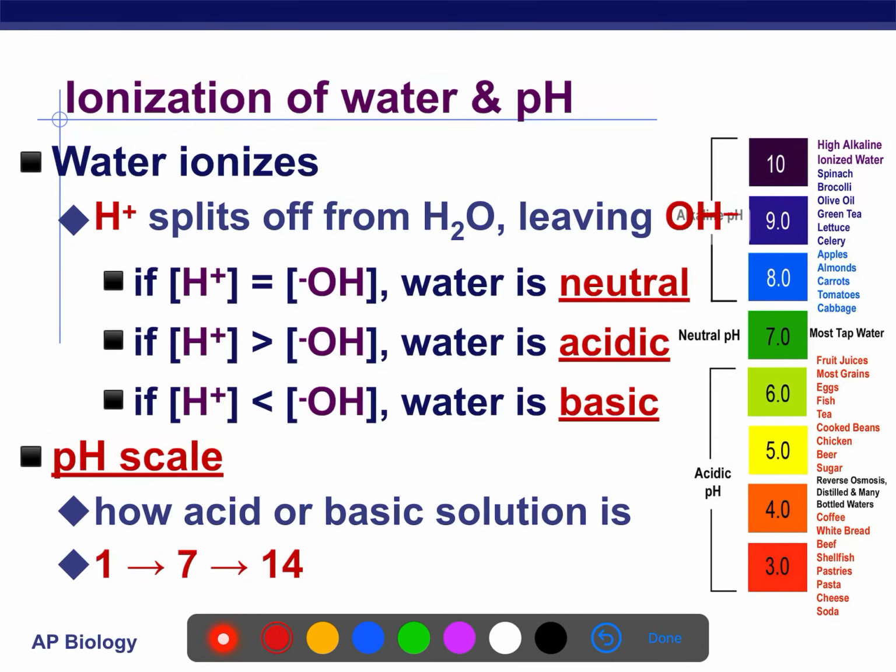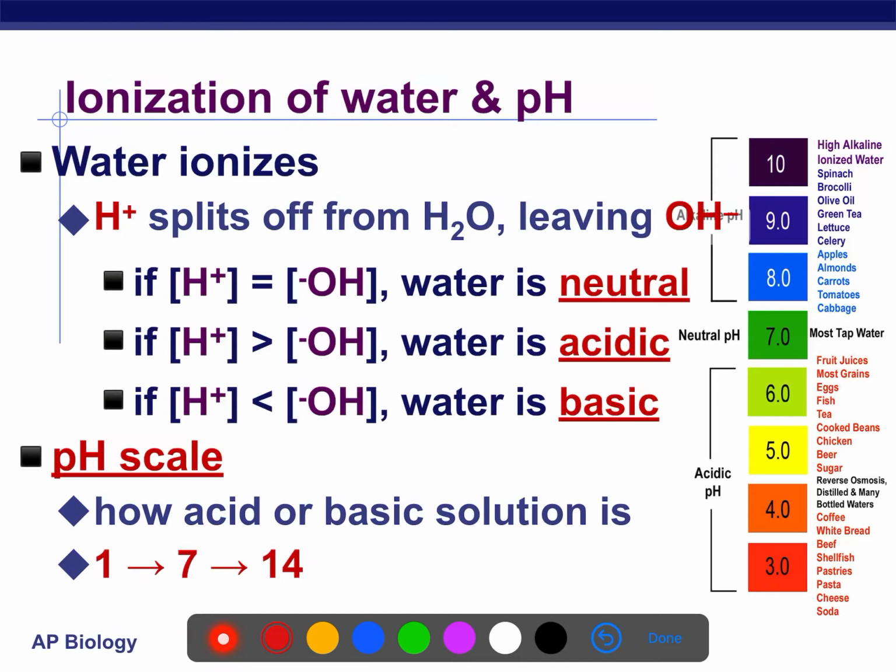So the last thing we really need to talk about is just pH, and kind of why that's important to living organisms. So we should remember this a little bit from chemistry, but the ionizing of water is what leads to pH. So if the hydrogen ions and the OH ions are equal, that's going to give us a neutral pH.